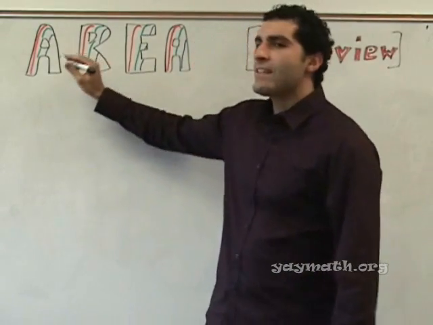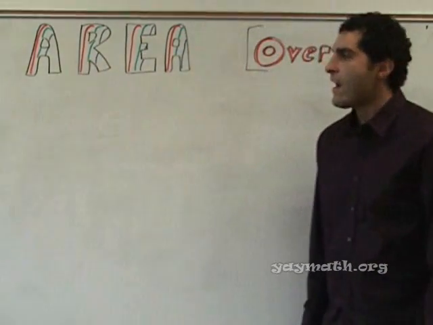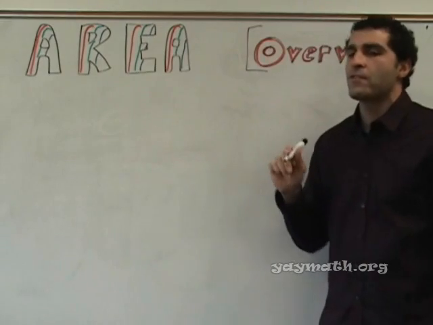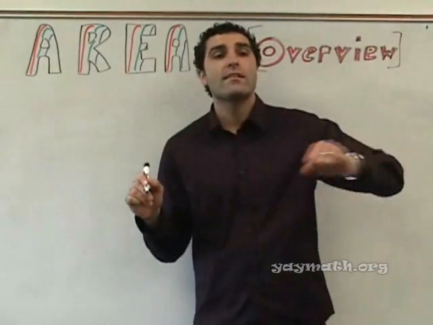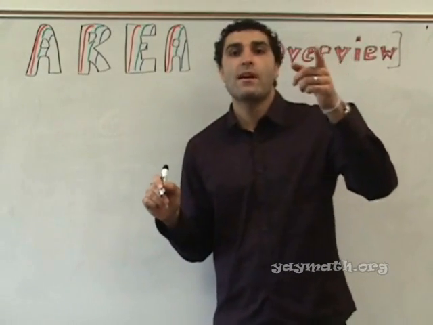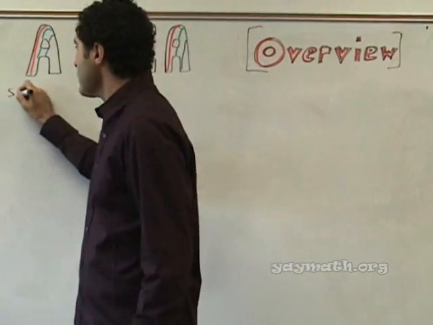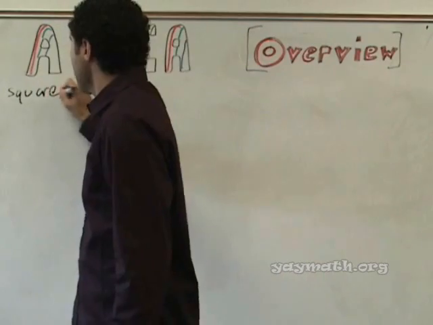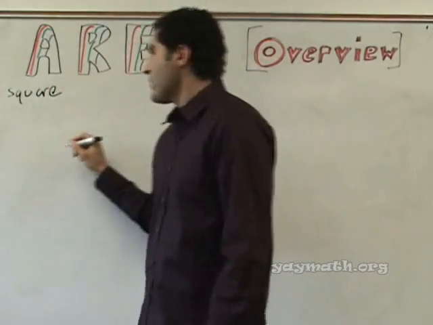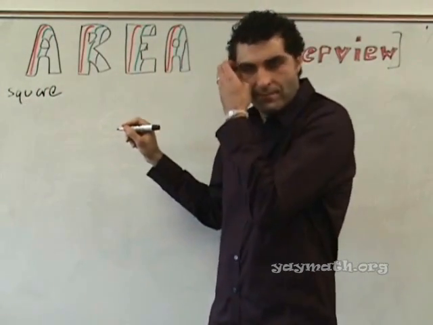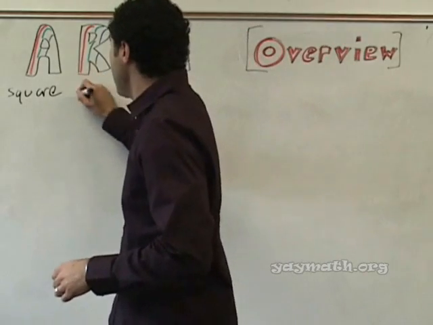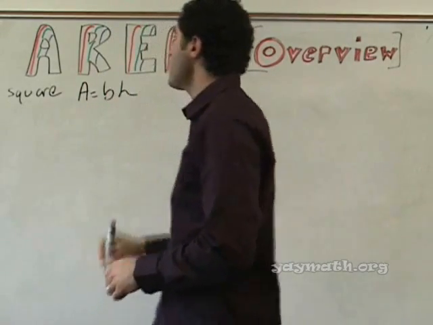All right, so let's list a bunch of formulas for area of a bunch of shapes. Please give me a shape. Square. And what is the formula for area of a square? Base times height. Very good. Area equals BH.